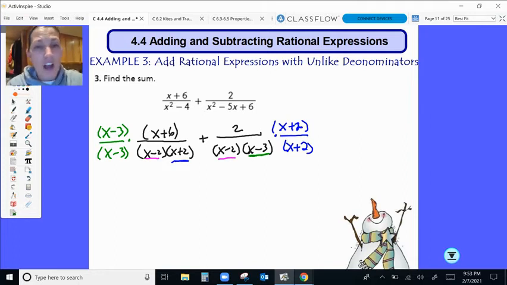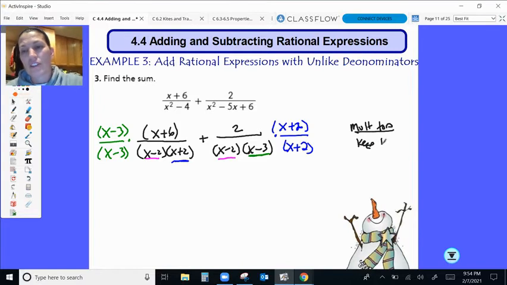I'm going to multiply the top, keep the bottom factored. Sometimes it's a chore writing on this screen.